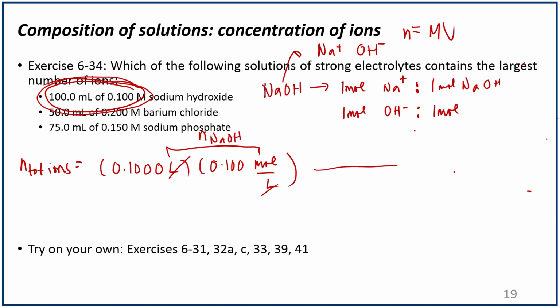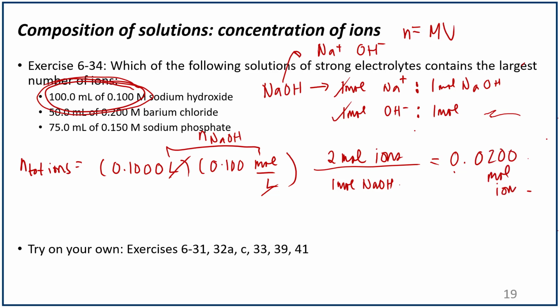Now again, for every 1 mole of sodium hydroxide, we have a total of 2 moles of ions. So this one should just give you 0.0200 moles of ions in sodium hydroxide.